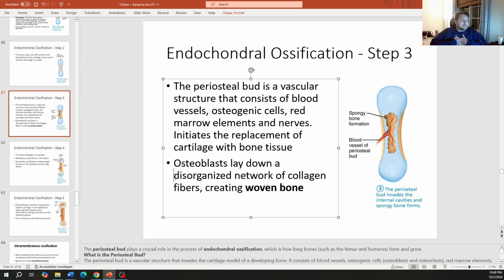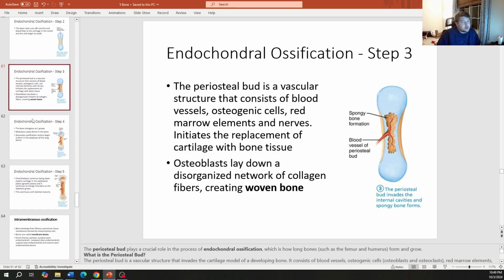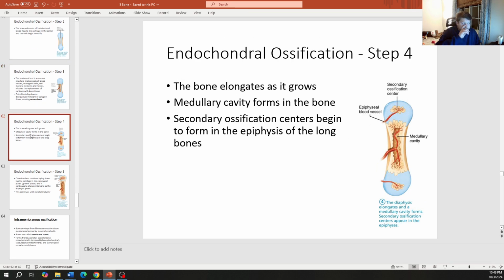So we get this disorganized network of collagen fibers turning into bone, called woven bone. Woven bone is the first bone that is formed in all of our bones. So the very beginning, it's called woven bone. That is almost always a test question, so be aware of that.